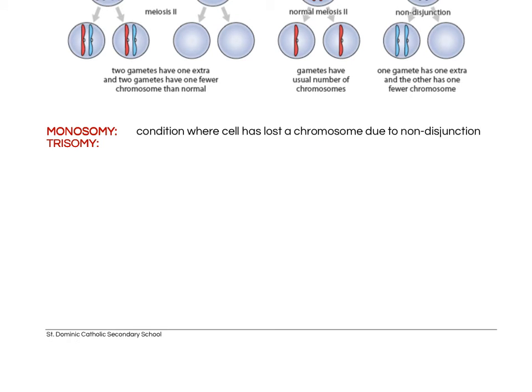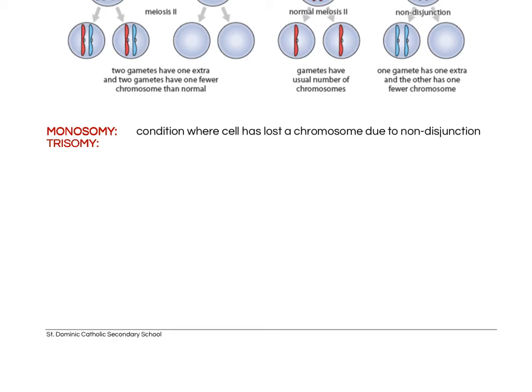Monosomy refers to a situation where the cell has lost a chromosome due to non-disjunction. So in other words, instead of having the appropriate number of chromosomes, they might have one or more fewer than they're supposed to. Okay, so if they've lost one chromosome, that's referred to as monosomy.